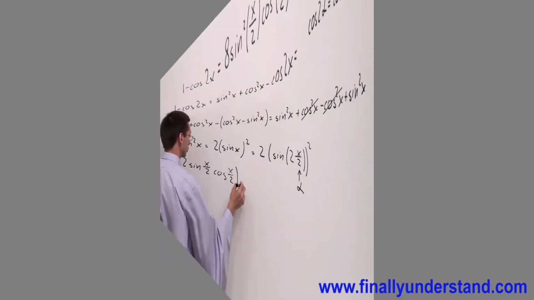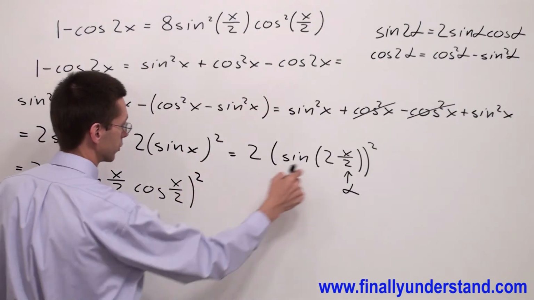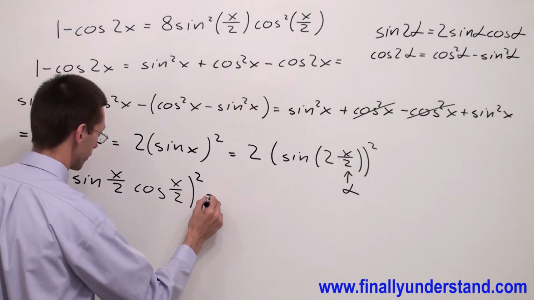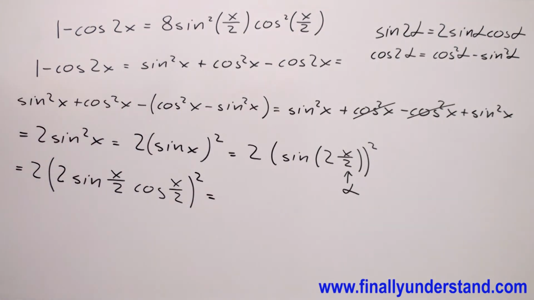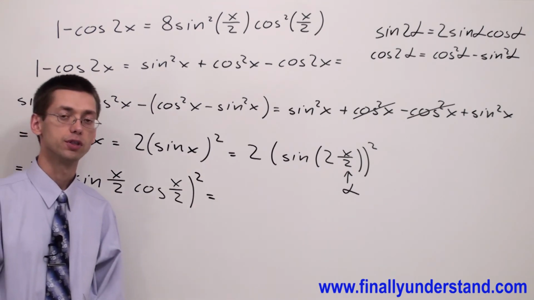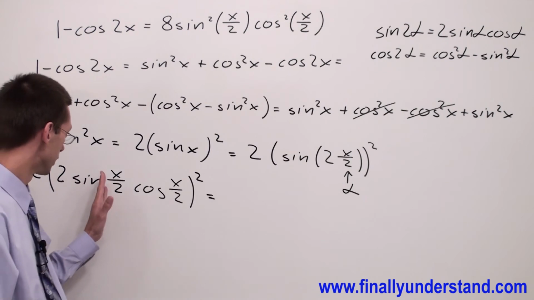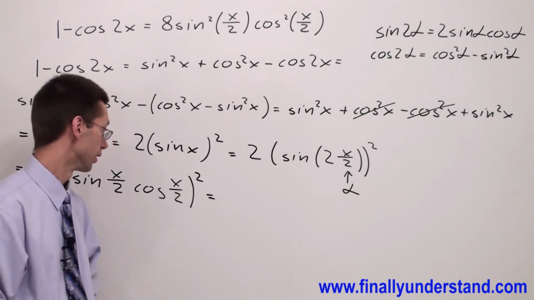Next, I'm supposed to raise everything to the second power because I have second power over here. Next, we're supposed to apply the properties of exponent and raise everything in the parentheses to the second power.